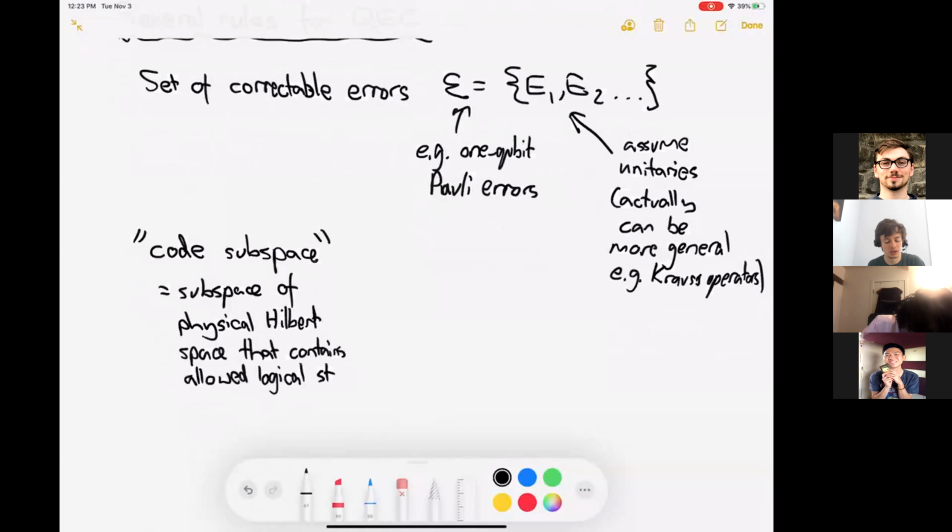So for the Shor code, it's the two-dimensional subspace spanned by 0 double tilde and 1 double tilde. And in general, we can assume that it has some orthonormal basis that we'll call i tilde.